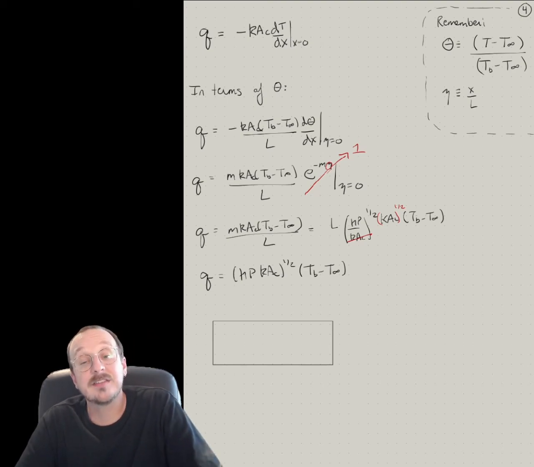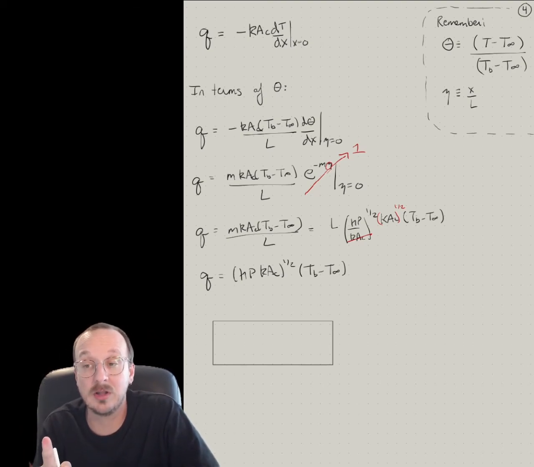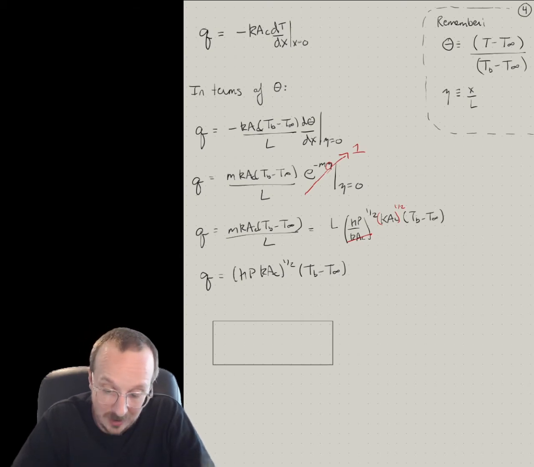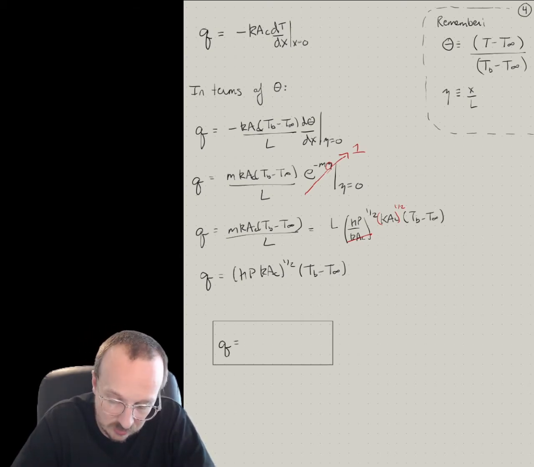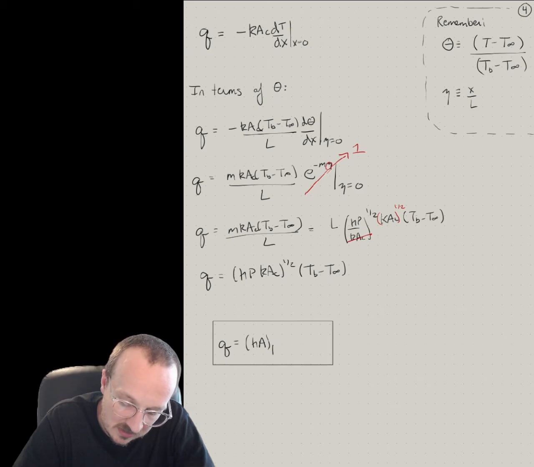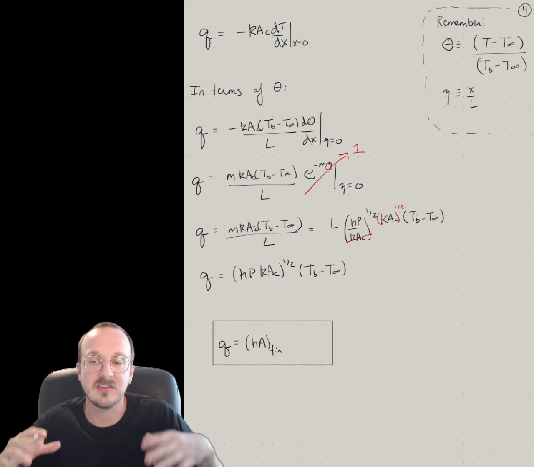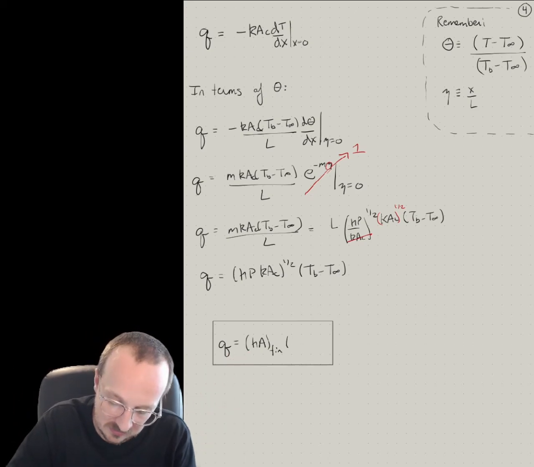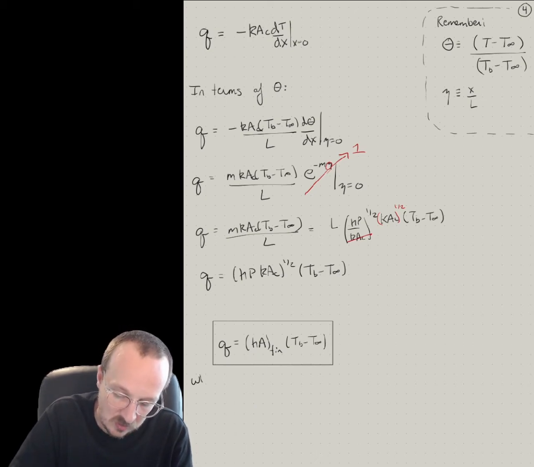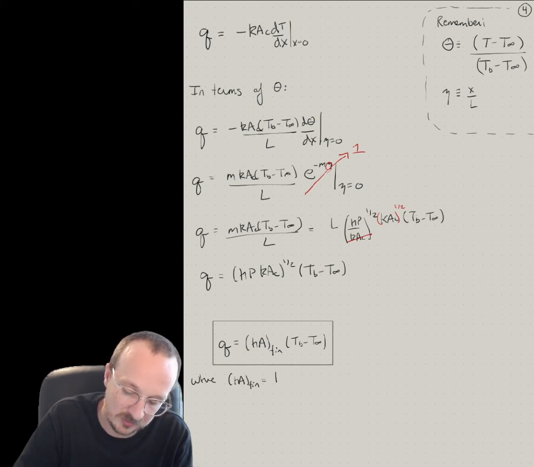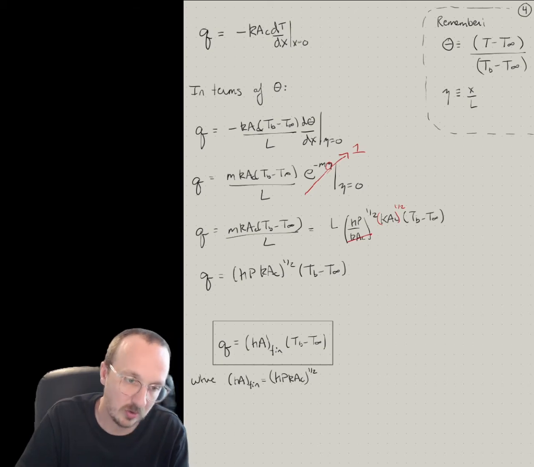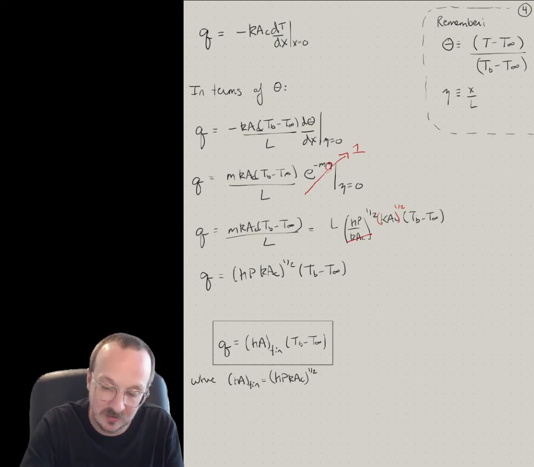And this is a very familiar looking equation, so I can rewrite it in this way. Let's write Q is equal to some hA for a fin times Tb minus T infinity, where hA fin equals hP kAc to the 1/2. Why am I doing this?